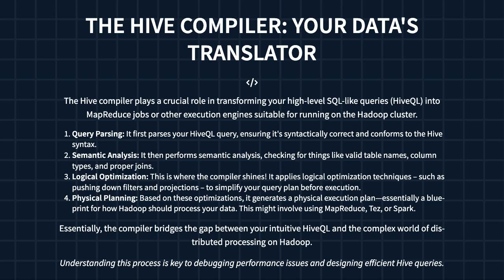First, it checks if the query is valid, like making sure you have the right table names and column types. Then, it tries to simplify things as much as possible using logical optimizations. This can involve rearranging how your data is processed. Finally, based on these simplifications, it creates a plan for Hadoop, whether that's MapReduce or something else, telling it exactly what steps to take to get you the results you need.